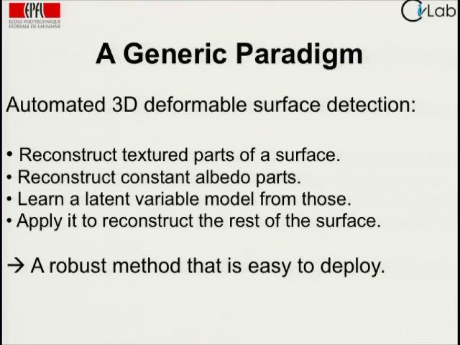You can reconstruct the constant albedo parts using the method I've just shown you, the shape from shading style technique. You can use these two things to learn a model of the deformations and then use that to reconstruct the rest of the surface that you couldn't handle well without a good deformation model.